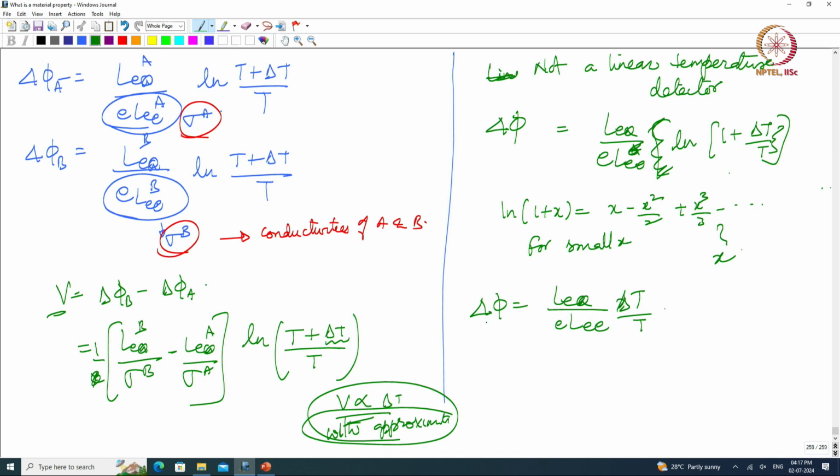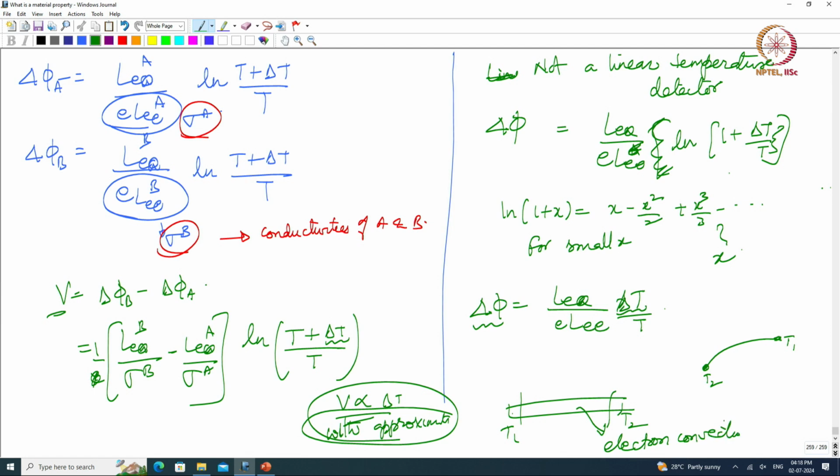Now I have generated some potential by having a gradient in temperature. For any single wire, if I have a T1 at one end and a T2 at the other end, how do I understand this? Of course, there is going to be some form of electron convection.